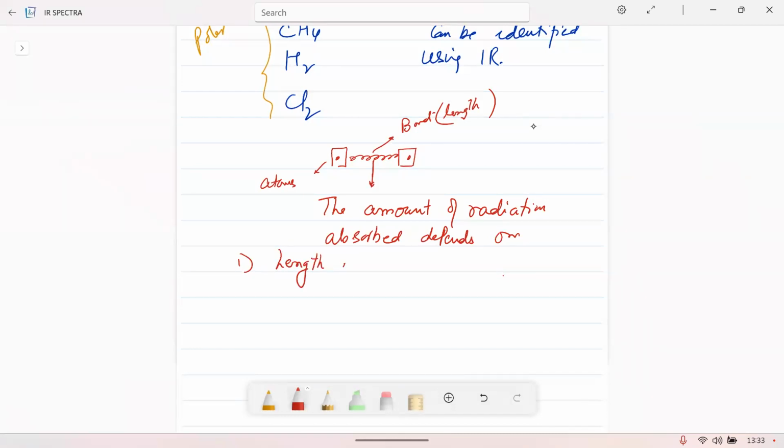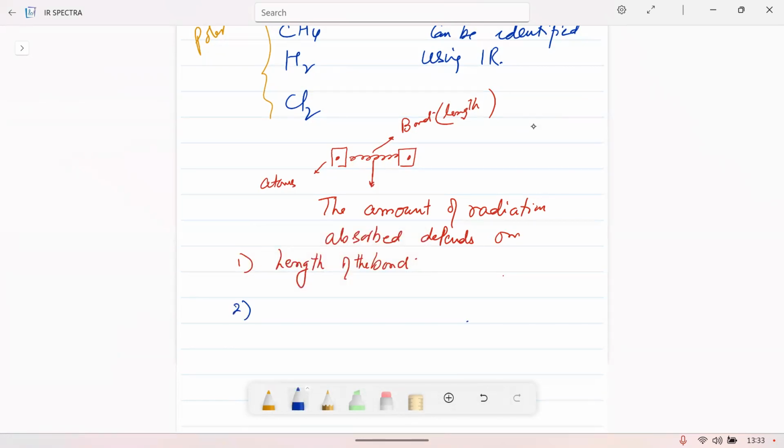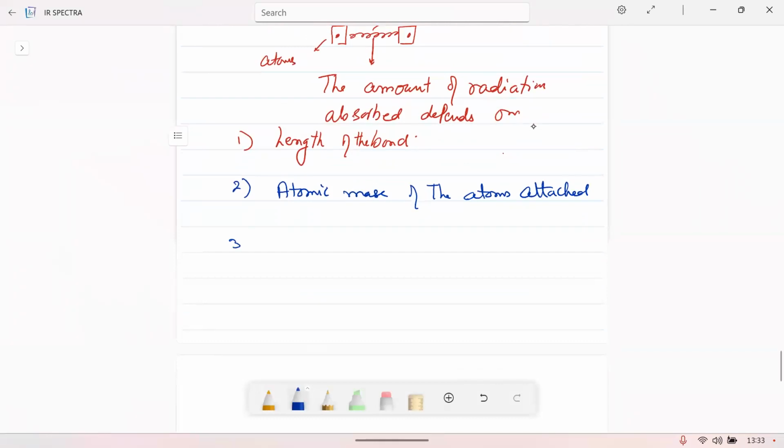The length of the bond, that means the bond length, then the atomic masses of the atoms attached, and the strength of the bond.